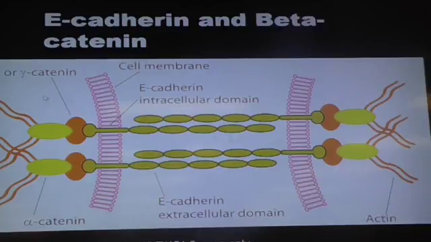A lot of times you can actually find mutations in beta-catenin where it becomes nuclear, and that's a whole other story of beta-catenin associated with carcinogenesis. But since we're talking about dissociation, I wanted you to visualize this complex that holds the cells together. This would be the E-cadherin molecule, the beta-catenin, and there are other catenins, but the two most common things you'll hear about are beta-catenin and E-cadherin.